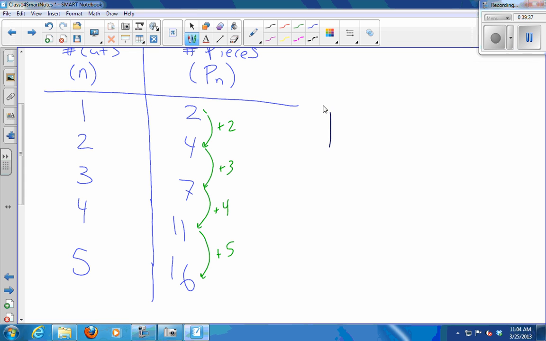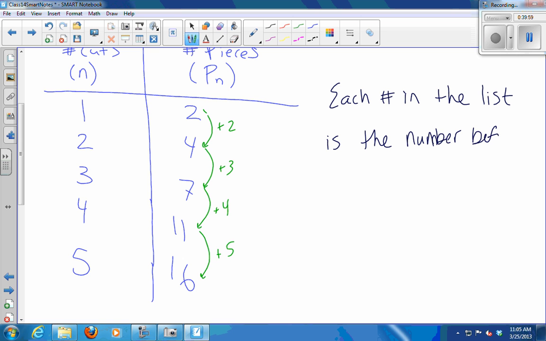So we're saying, well, P sub n. All right, so wait, I'm going to practice what I preach here and write it down in English. Each number in the list is the number before it plus, okay, so one of the patterns that we saw before was using the previous number. 2 plus 2 gives me 4. 4 plus 3 gives me 7.